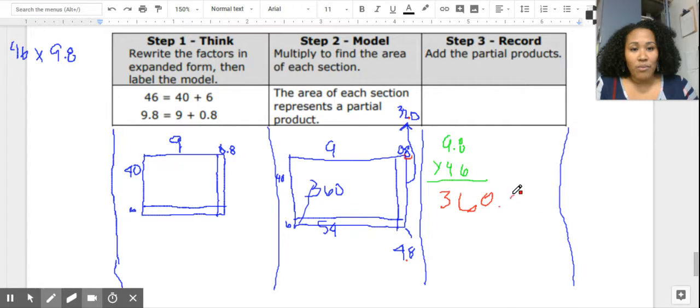I'm going to go ahead and put some decimals here too, because I know I'll probably need those spaces. I had a 54. I had a 32. And I had a 4.8.